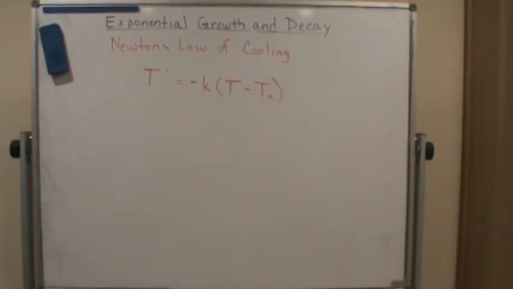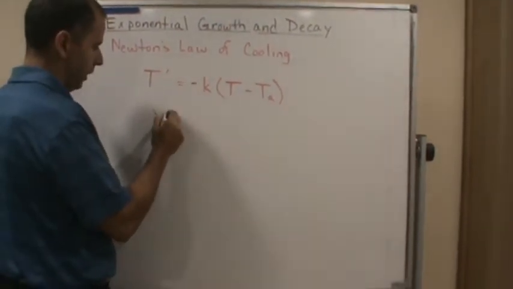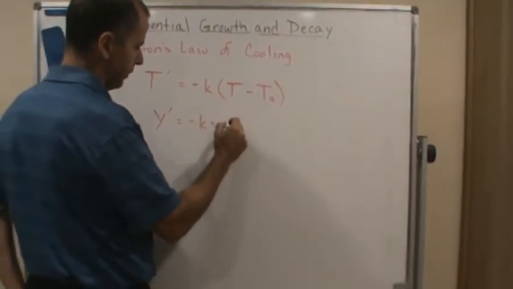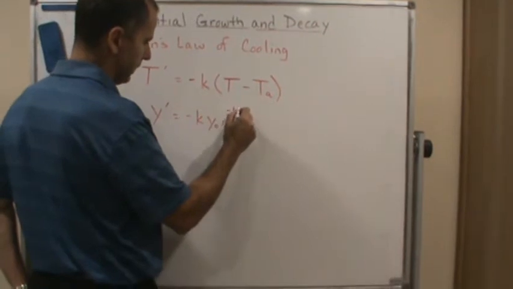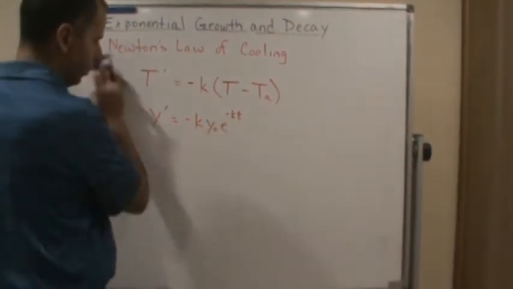Now, if you look at it, it's not quite the model we want to use for exponential decay, but notice that it's a differential equation very similar to this one. Okay, so look: y prime equals negative k y0 e to the negative kt. What did we do?